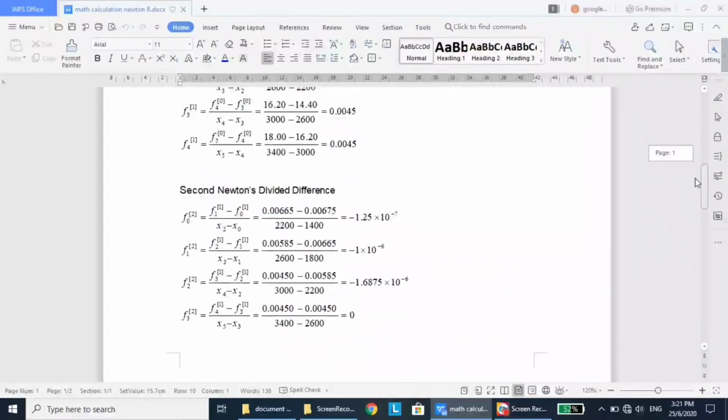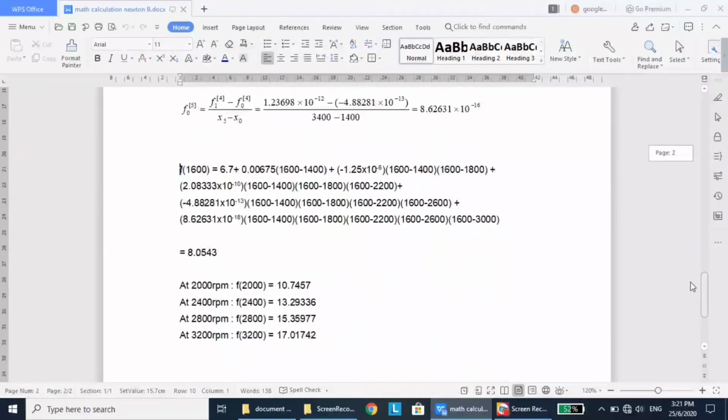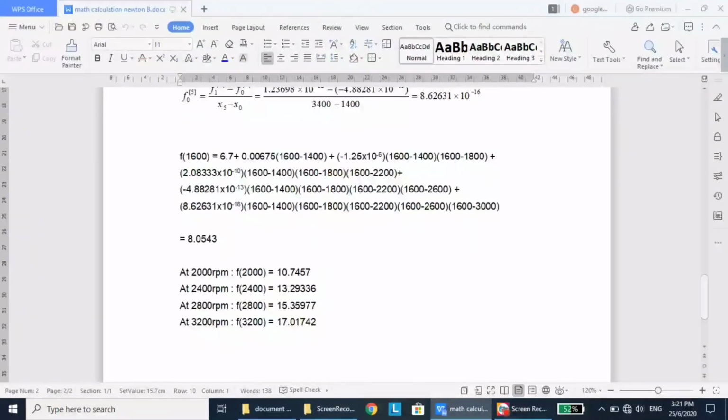After we enter the values, we will get the answer. And for 2000, 2400, 2800 and 3200, we use the same method, step 1 until step 5, to get the answer. This is the final answer that we get for the Newton divided difference method.